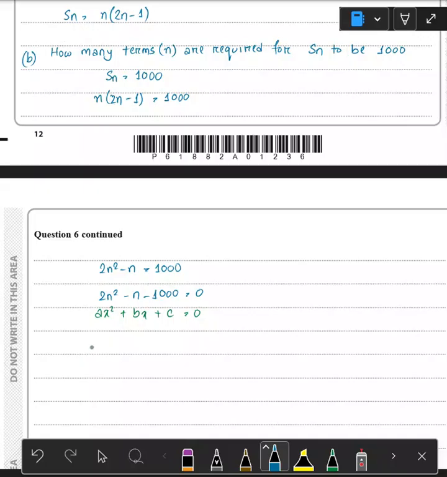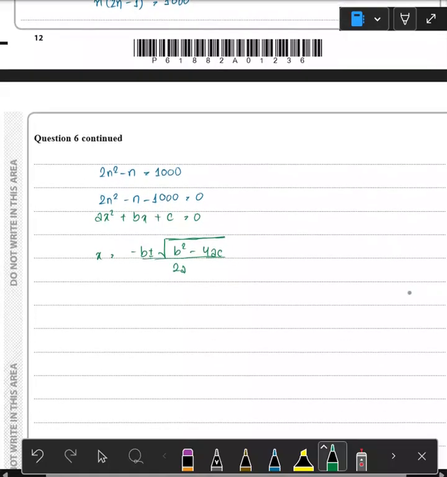So the quadratic formula for ax square plus bx plus c is given to be x equals minus b plus minus square root of b square minus 4ac, divided by 2a, right?